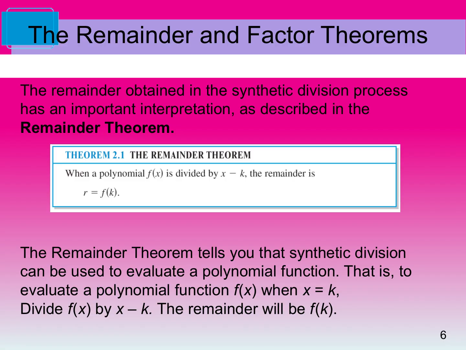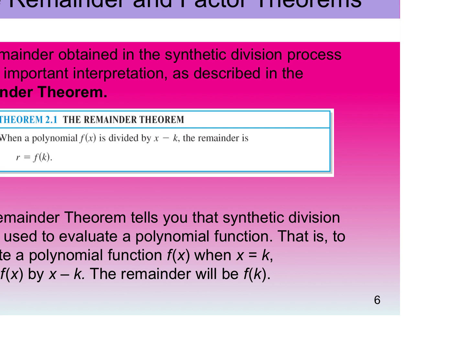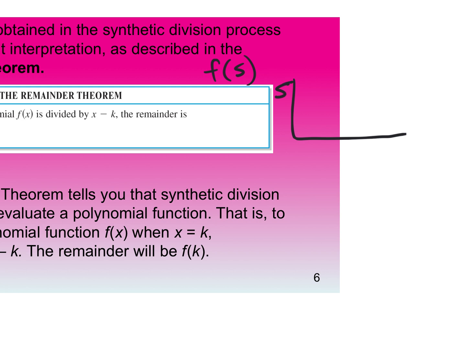We can use synthetic division along with the remainder theorem to evaluate a number in that polynomial. So it could say evaluate f of 10. We'd put 10 on the outside of our synthetic division. Use synthetic division to divide your polynomial. Your remainder is what you'd get if you evaluate. So if I had something like f of 5, if it asked me to find f of 5 in my polynomial, I would use synthetic division. 5 would go on the outside.